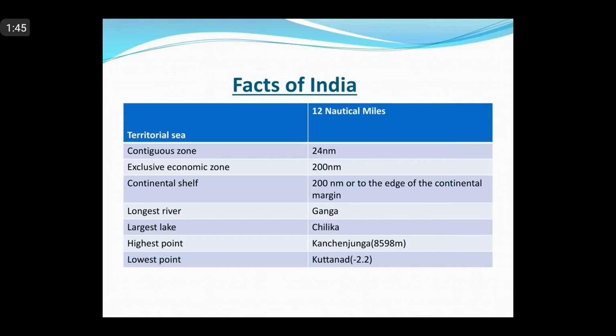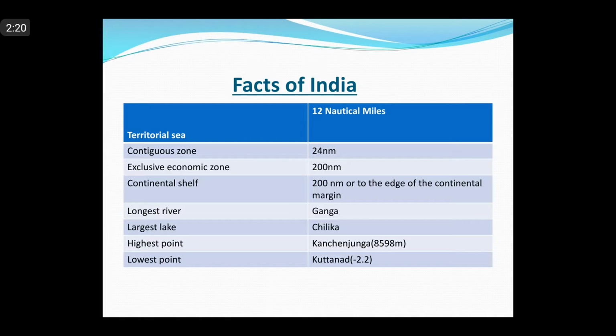But between 12 nautical miles and 200 nautical miles, a country can only claim to extract or drill or use any oceanic or marine resources when it gets consent from an organization, that's the United Nations.